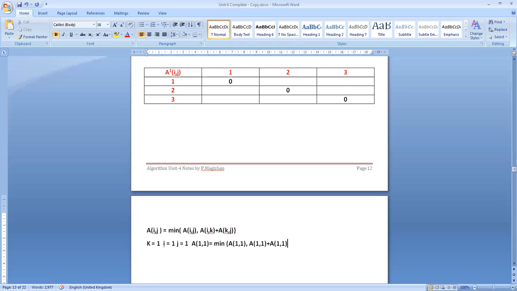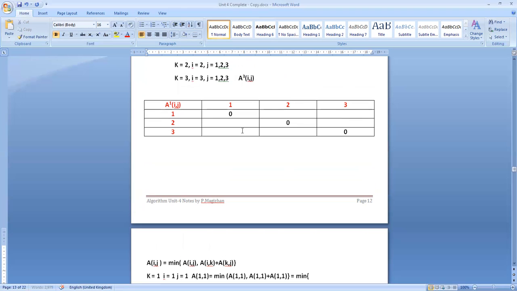This we need not find, because in every iteration A of 1 comma 1, A of 2 comma 2, A of 3 comma 3 will be 0. So it is minimum of A of 1 comma 1, which is 0, comma again A of 1 comma 1, which is 0, plus 0.